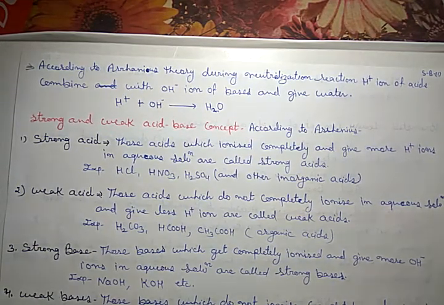The word strong is used when an acid or base is completely ionized and gives more H+ or OH- ions. Because strong acid means more acidic nature, or more basic nature if it's a strong base, and more acidic or basic nature is only possible when it produces more H+ or OH- ions.